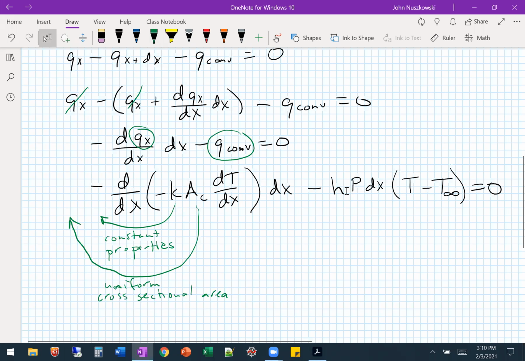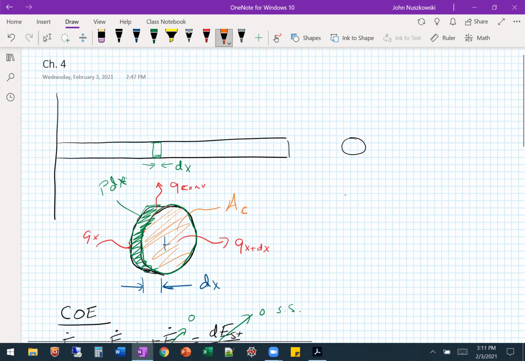If instead it was more like a prism shape, then that cross-sectional area would be changing with x, right?